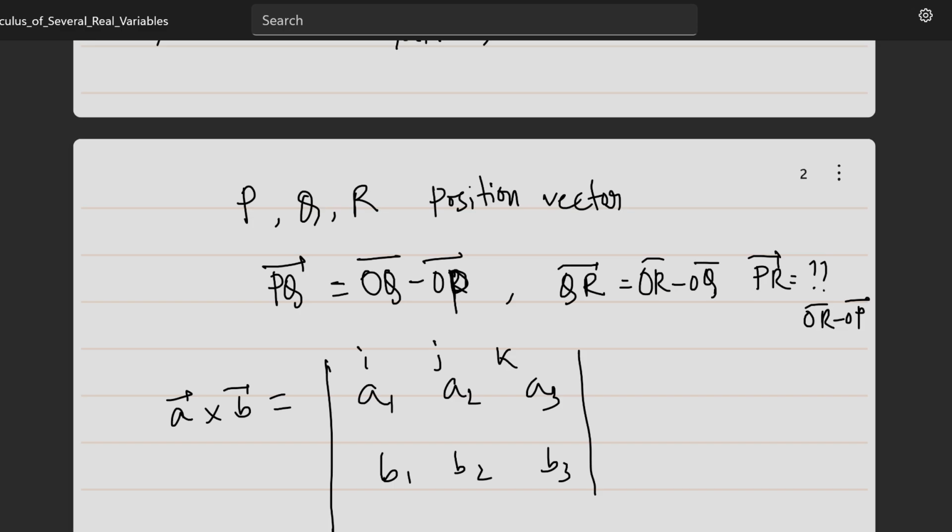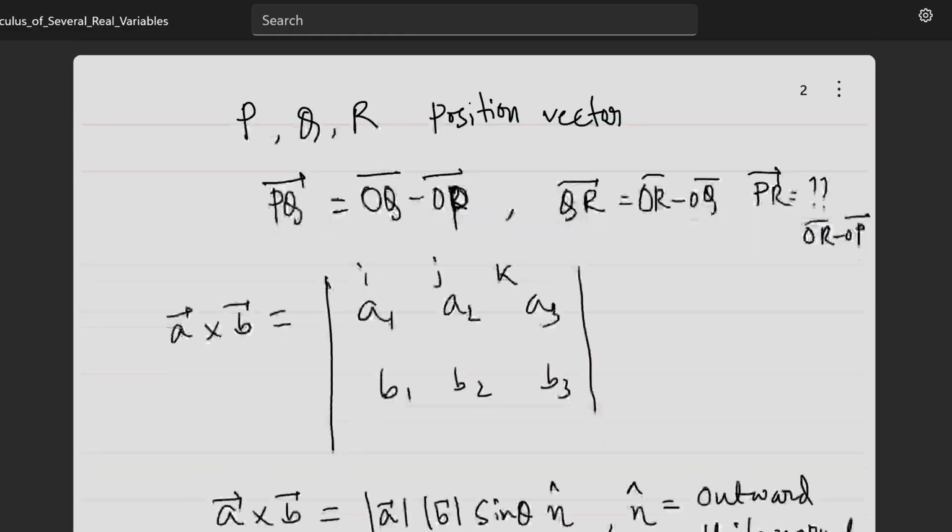Okay. So mod of A cross B is, as you said, the area of the parallelogram whose sides are A and B.